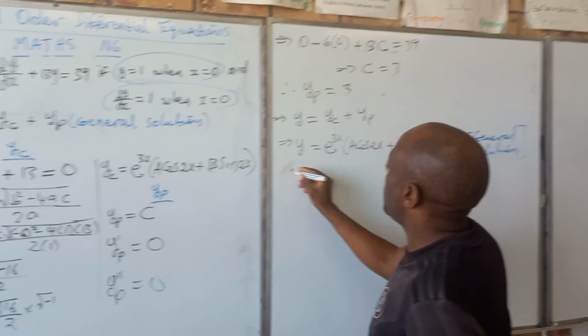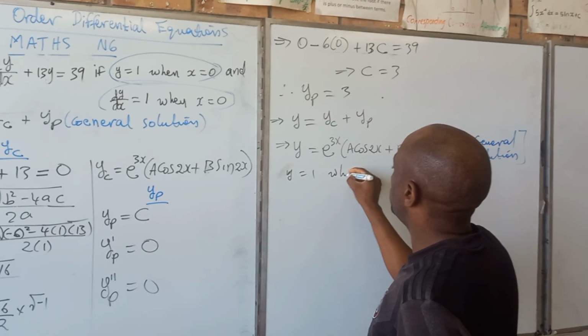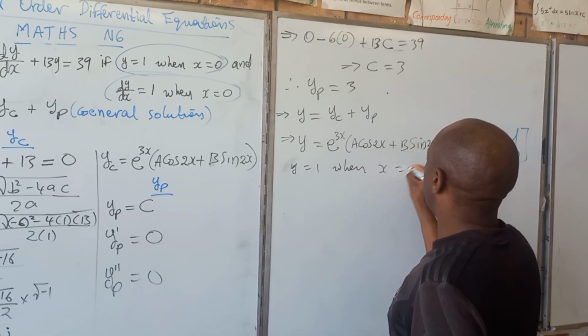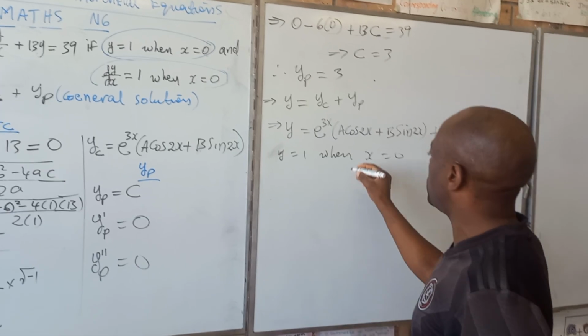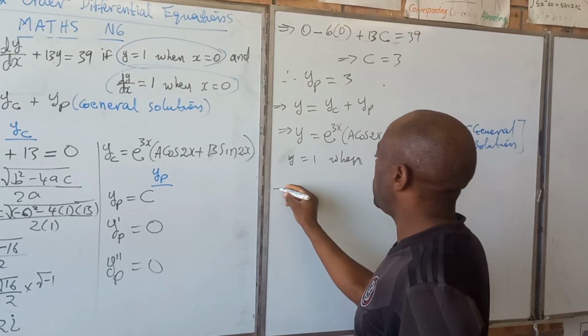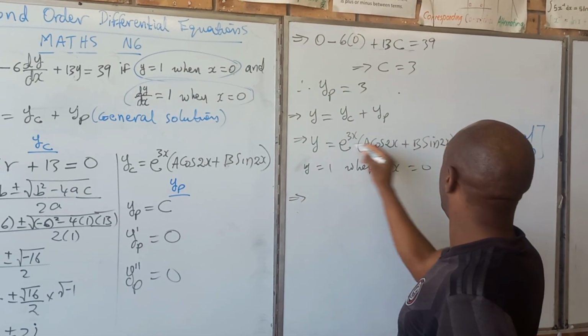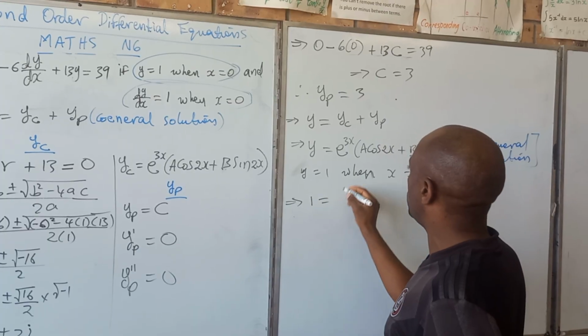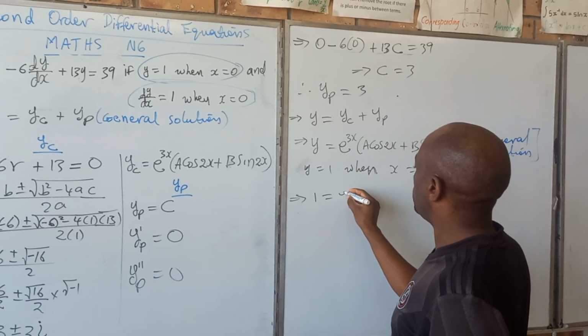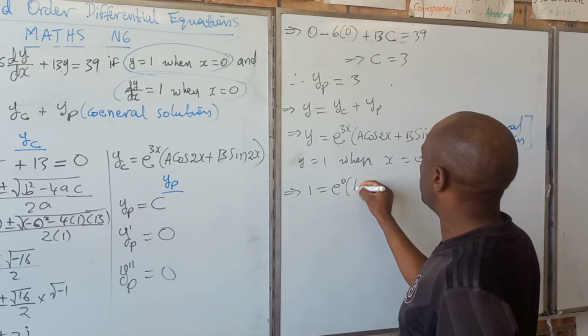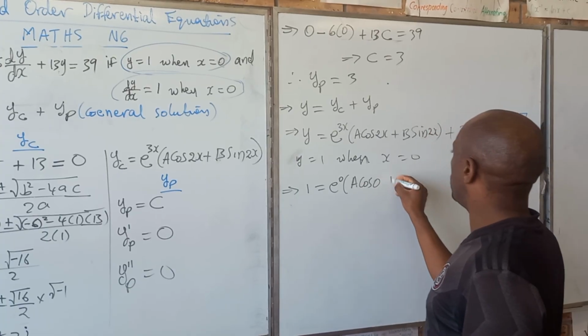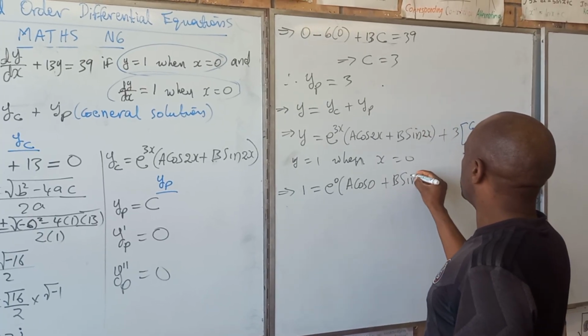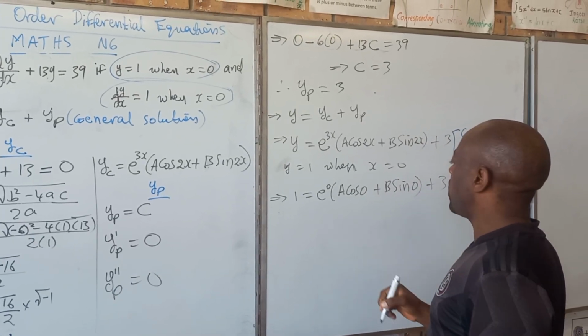We'll say y is equal to 1 when x is 0. That's the first condition. What does that mean? It means in this equation, I'm replacing y by 1 and every x by 0, to get e to the power 0, a cos 0 plus b sine 0, then plus 3.